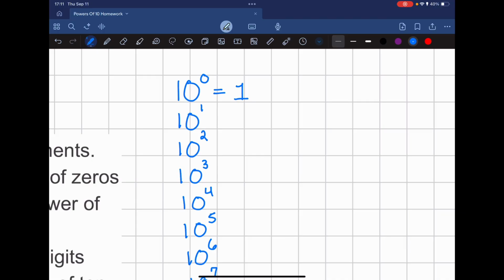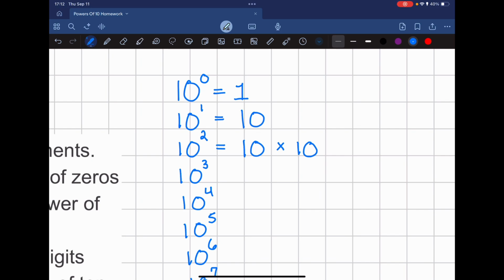Just remember it. Okay? 10 to the first power means that I have 10, just 10 by itself. 10 to the second power tells me that I have 10 times 10. I have 10 multiplied 2 times, a 10 here and a 10 there.